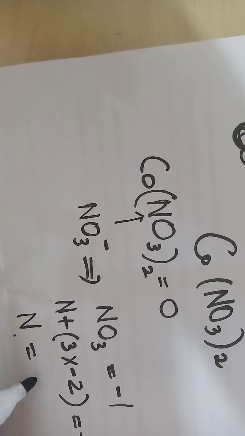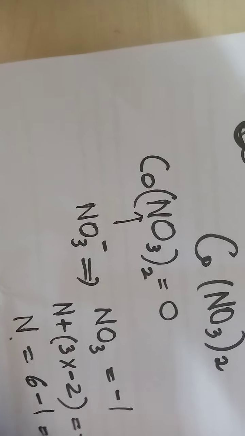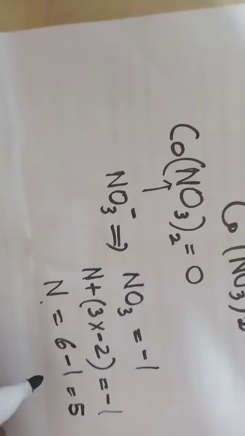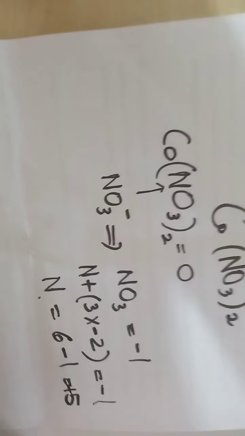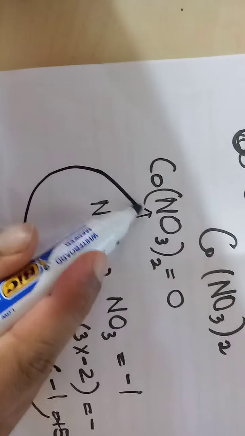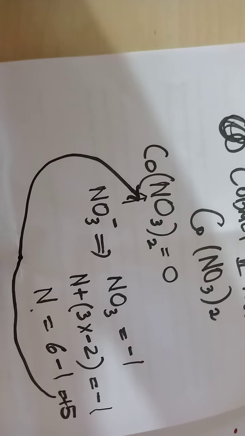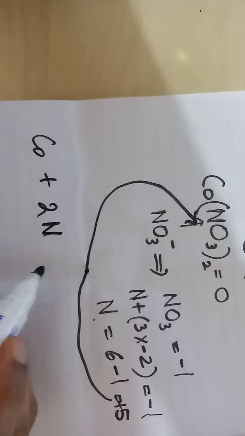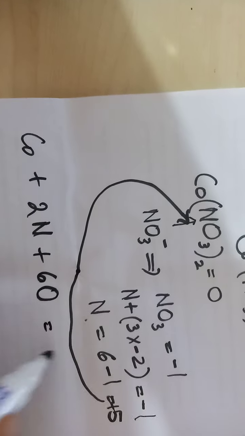then I would find out the oxidation number of nitrogen prior to finding out the cobalt oxidation number. That would be 6 minus 1 equals 5. So we know that nitrogen is operating at an oxidation number of plus 5. So then I would input this here, and then I would do cobalt plus 2N plus 6O equals 0.